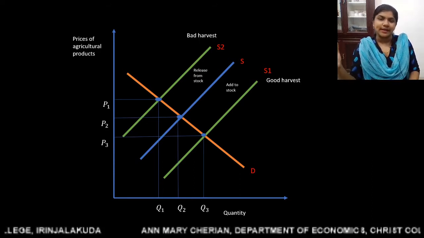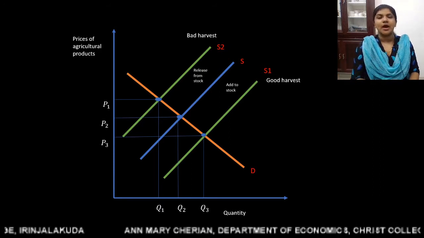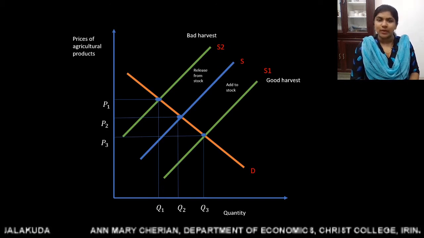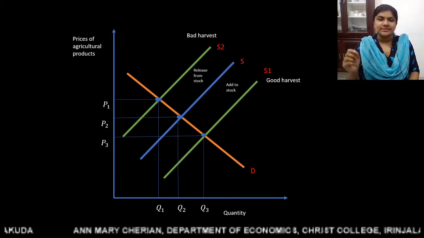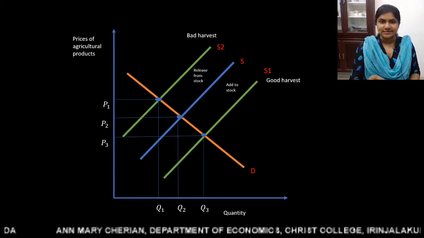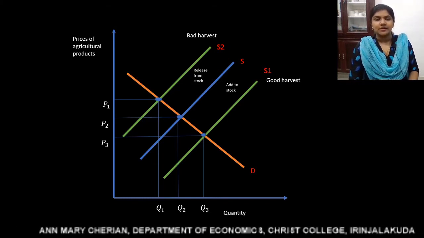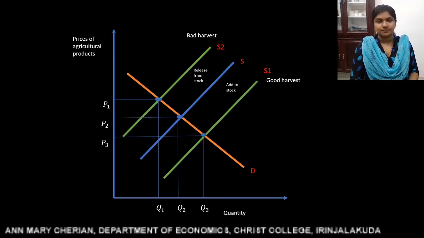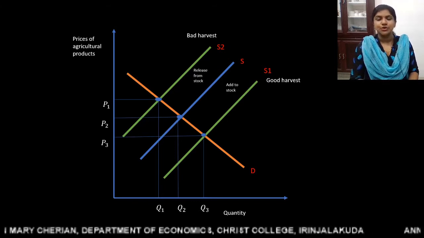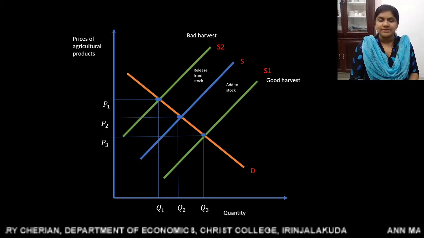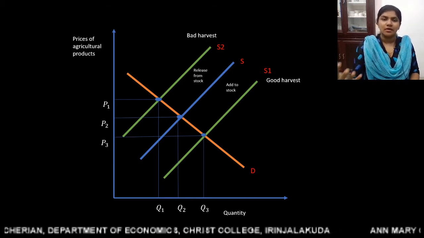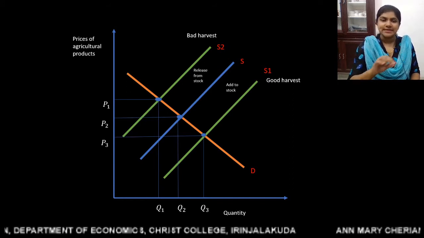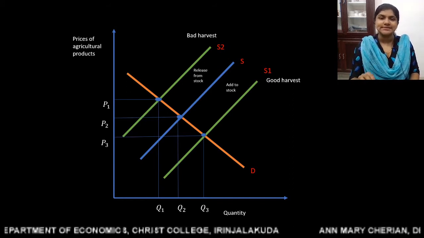When excess supply of farm products is removed from agri markets, the supply curve shifts back to S. So S1 shifts back to S, and equilibrium price is re-established at P2. So during good harvest, government absorbs excess supply of farm products from the market and maintains or stabilizes price.